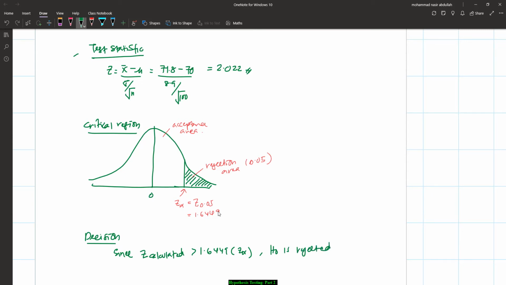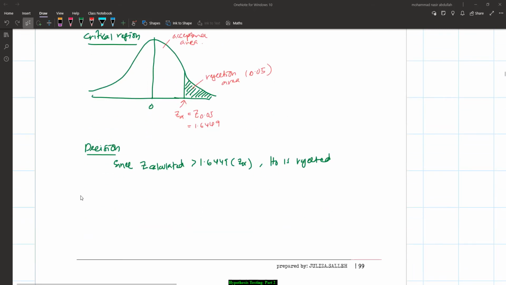Or in other words, we can say that since the value of Z calculated or calculated statistics falls inside the rejection area, we reject null hypothesis, right?